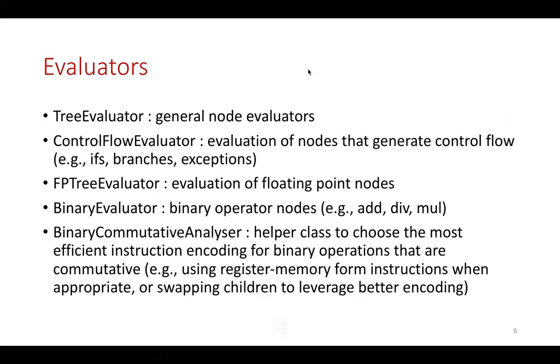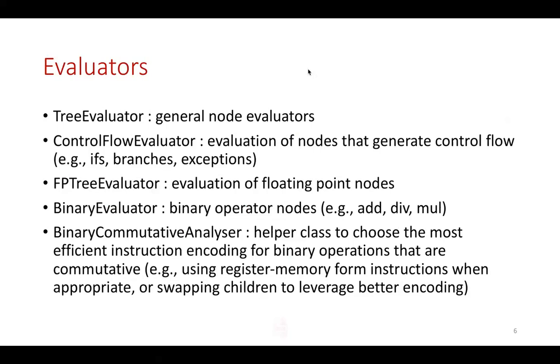I should point out that for any of these evaluators, it's really just a logical classification of these things. There are no special properties or special powers that something gets by being in one file or another. It's just a matter of grouping them together, to help you, as you're navigating around the code base, know where to look for a particular evaluator.